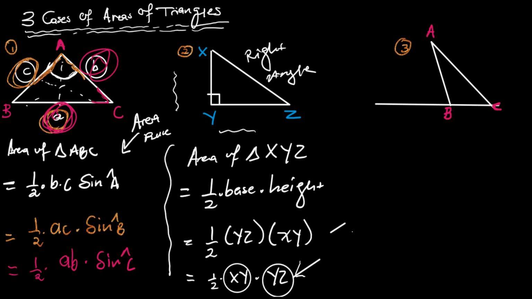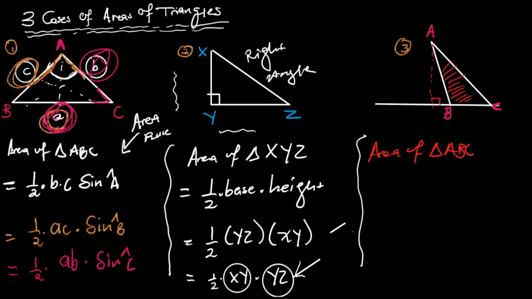So we're going to go to the third case, and then we're going to look at some examples. For the area of triangle ABC, here we have to construct a perpendicular height, but remember that we are still dealing with this triangle.